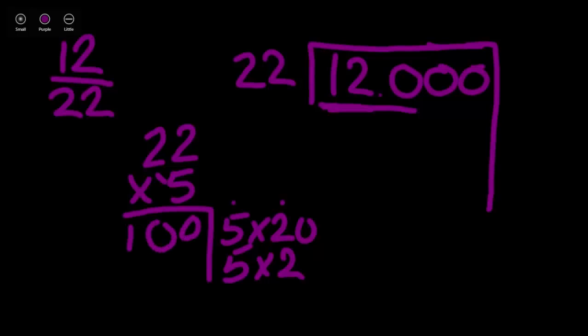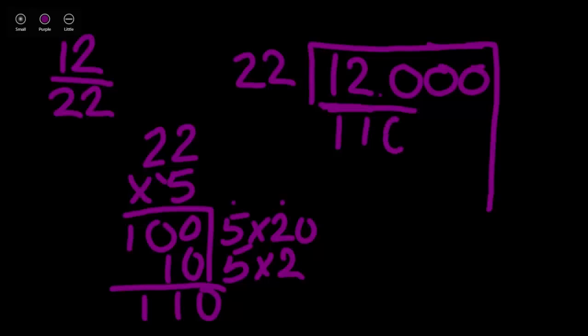Now let's look at our second problem. 5 times 2 is 10. Let's add up to see what our final product is. So 22 times 5 is 110. I'm going to write that right below the numbers I underlined. Now we still have these 2 zeros on the end.